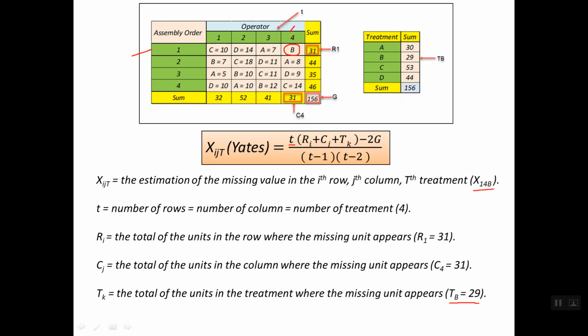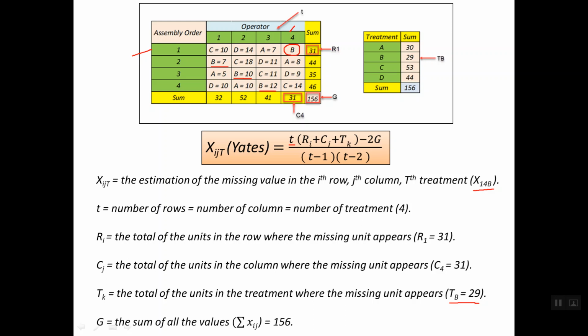Let us account for this value. In row 1, of course, there is no value for B because it is missing. In the second row, the value of B is equal to 7. In the third row, it is 10. And in the fourth row, it is 12. So the total is 29.